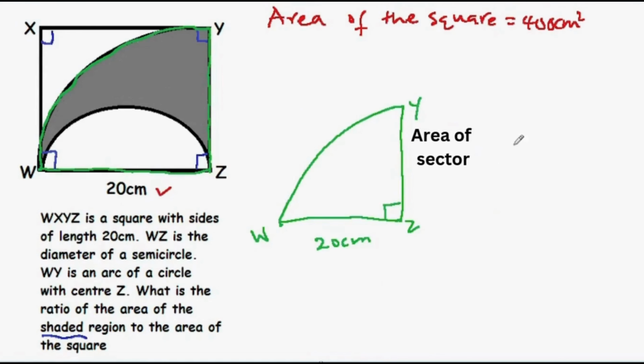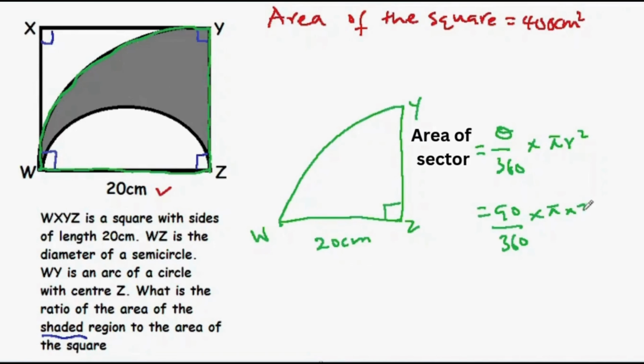So the area of a sector is theta over 360 times pi r squared. The theta here is 90 degrees, that's the angle divided by 360, times pi, and our r is 20.